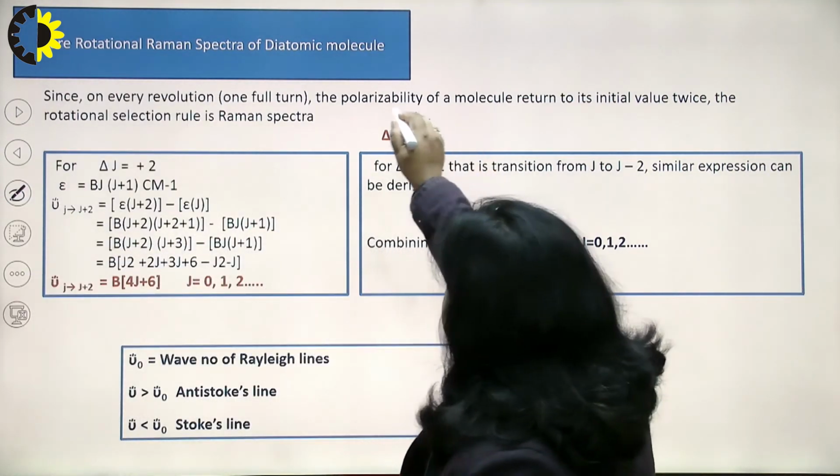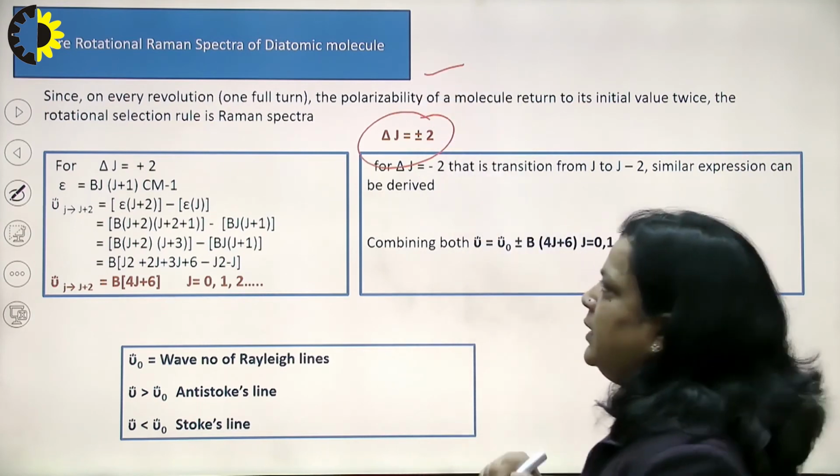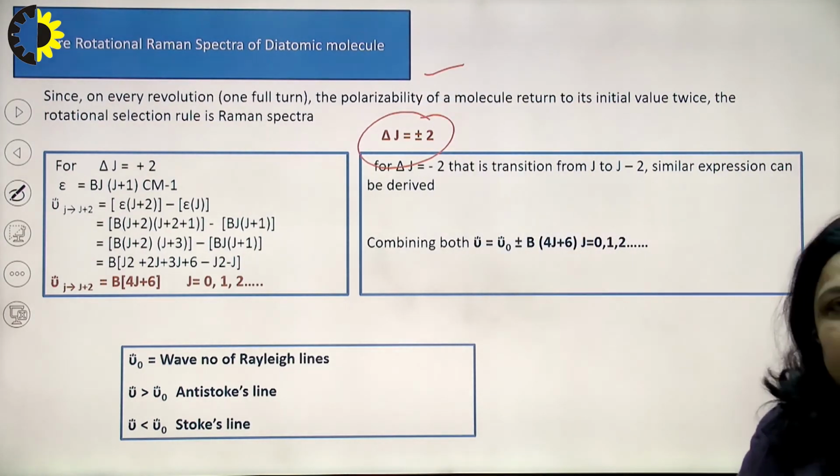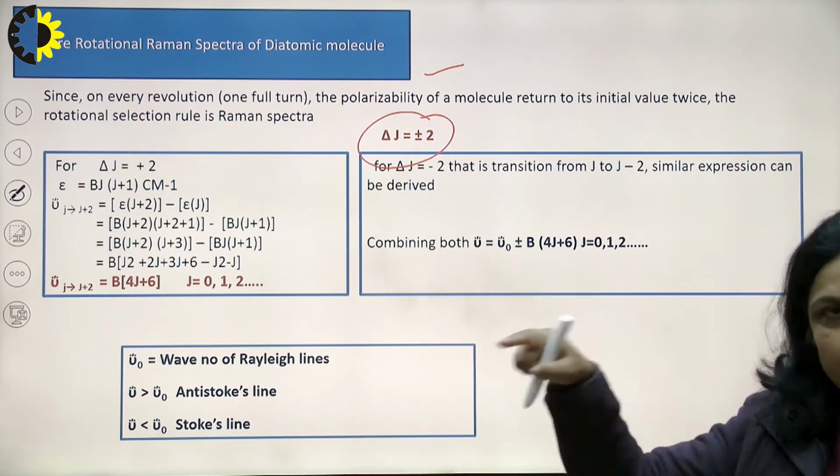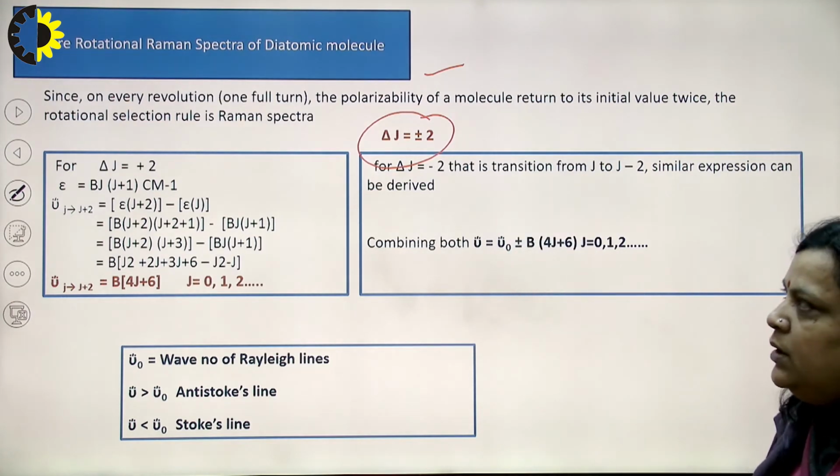While in rotational spectroscopy the selection rule is delta J is equal to plus minus 1, but in Raman we take twice, that is plus minus 2.